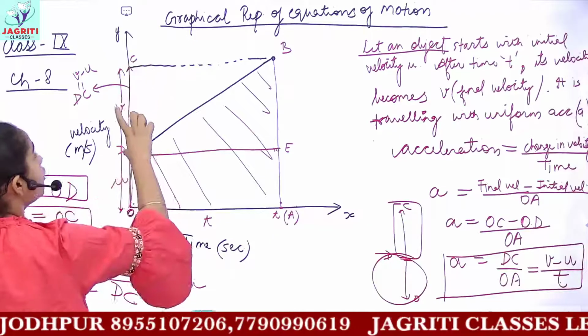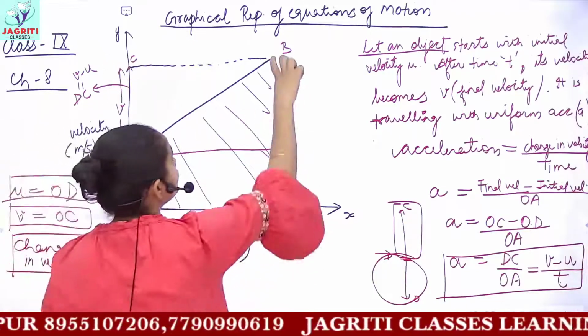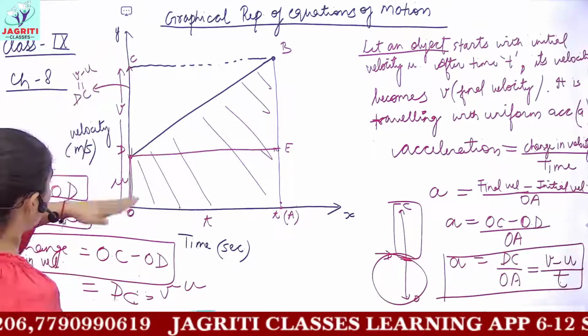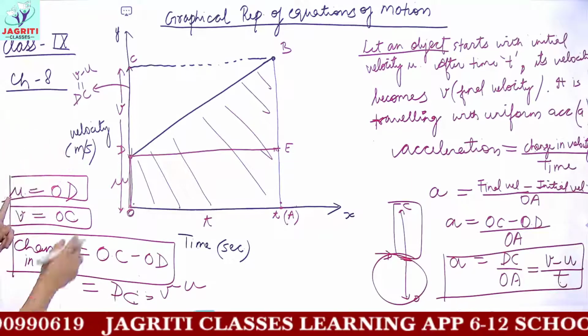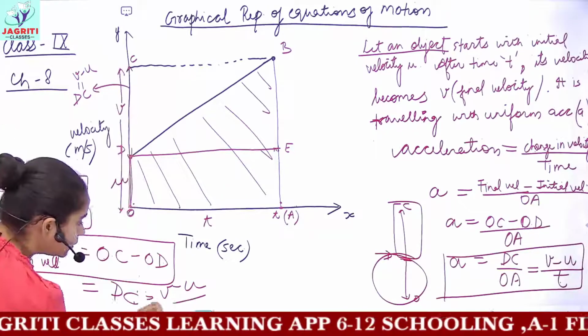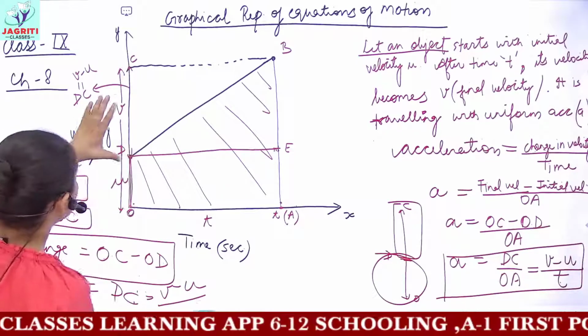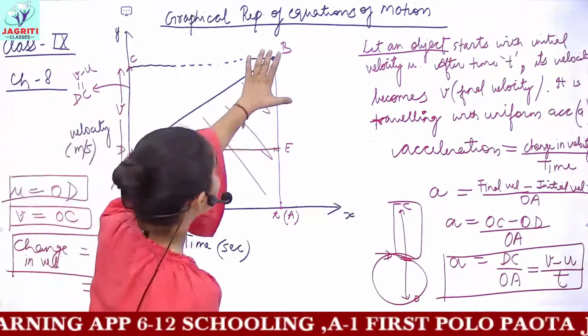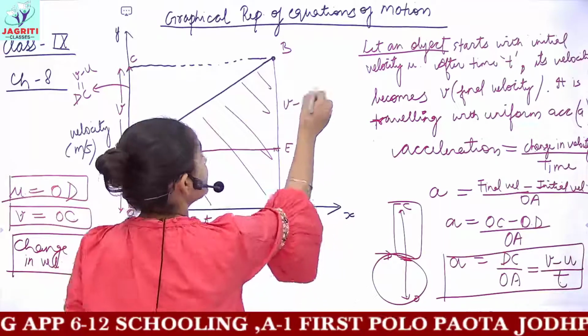Similarly, the length of DC is equal to the length BE. Remember this. So here, if OC represents V and OD represents U, the part DC represents V minus U. Because D to C is equal to V minus U, I can say that E to B is also equal to V minus U.